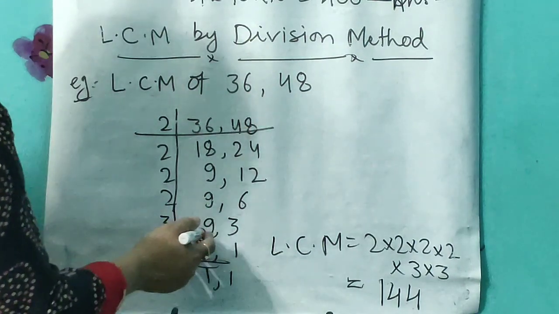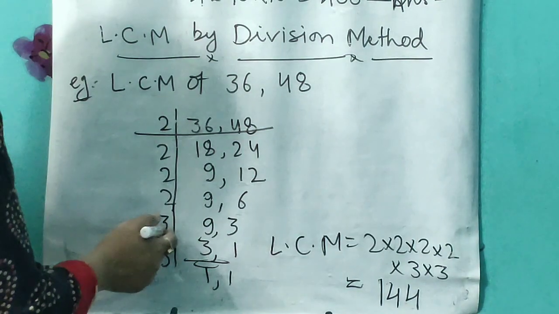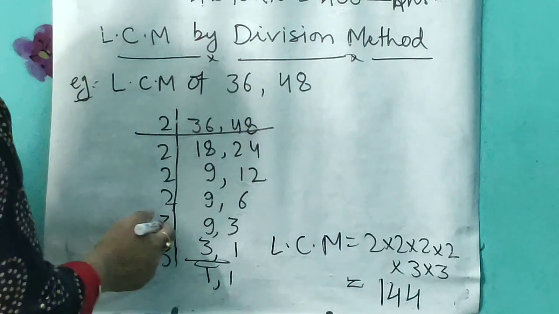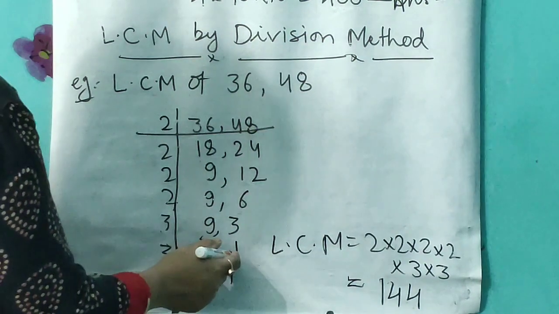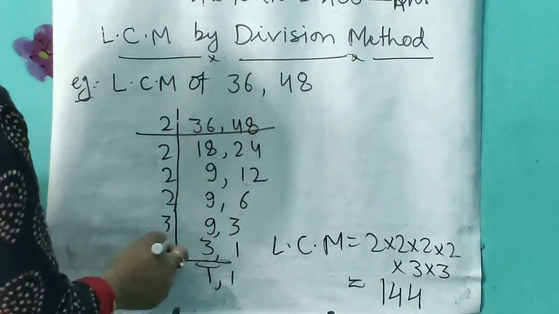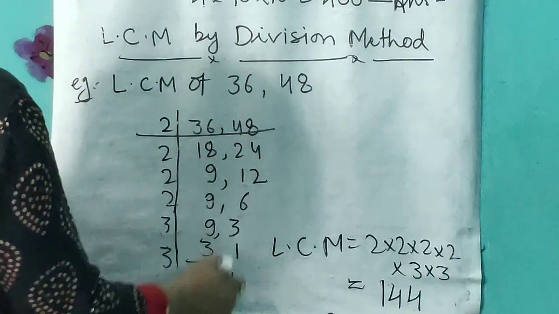Now 9 and 3 are both not divisible by 2. They are divisible by the next prime number, 3. So divide 9 and 3 by 3: 3 3s are 9, 3 1s are 3. Now only this 3 is left, 3 1s are 3. You divide these numbers until 1 comes at last.